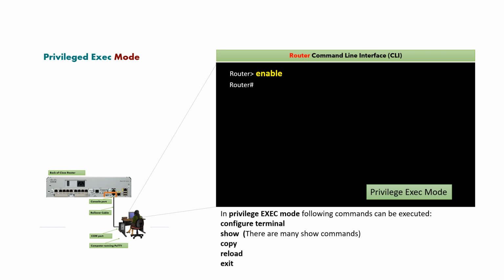You can perform a variety of show commands. You can also perform the copy command to copy a file from a source to a destination. You can perform the reload command to restart your router. You can also perform the exit command to go back to the user mode.